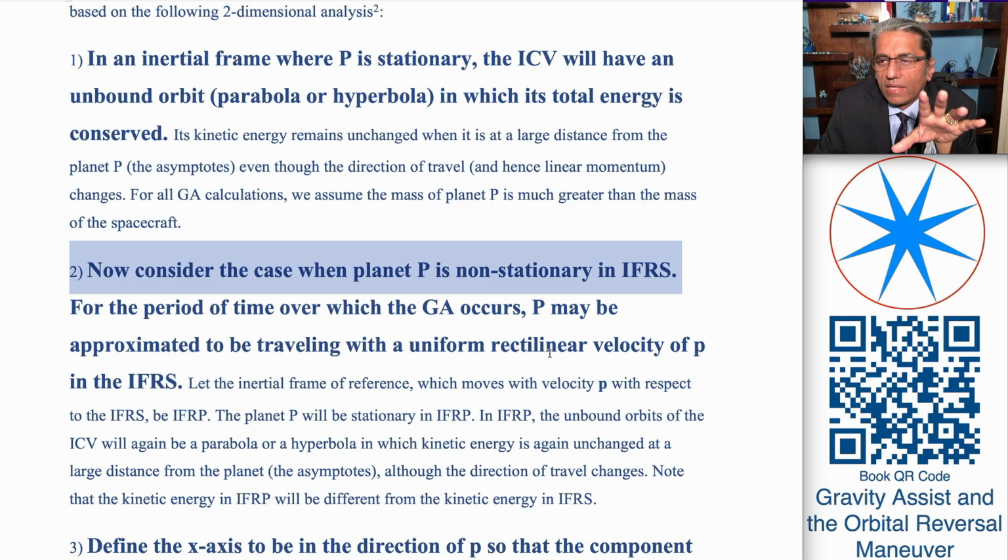You have to understand inertial frames of reference. An inertial frame of reference is a frame of reference in which Newtonian classical mechanics applies. Right now, let's say I'm in a frame of reference.